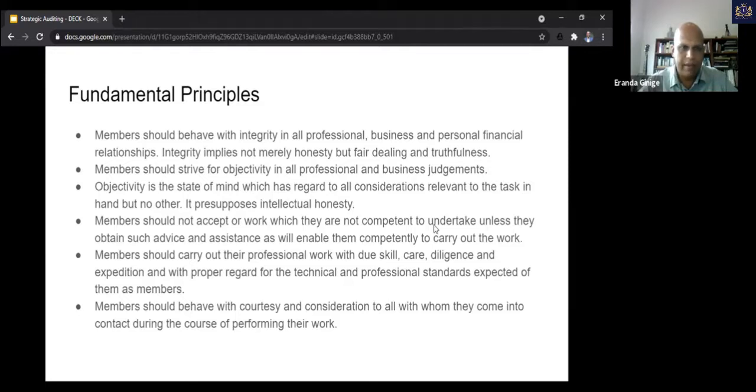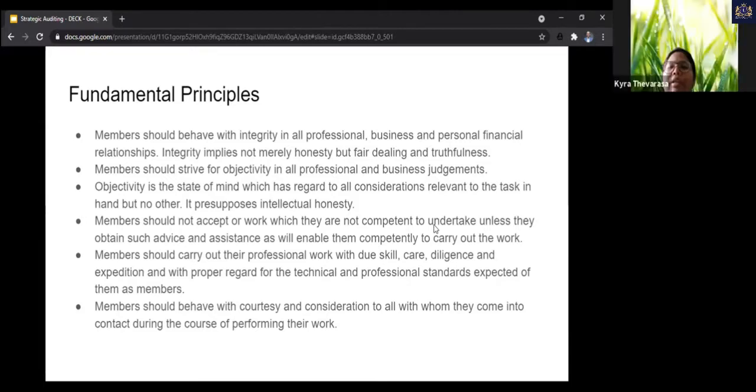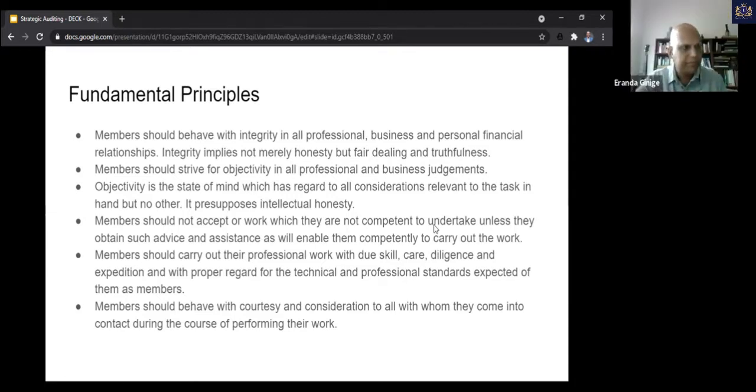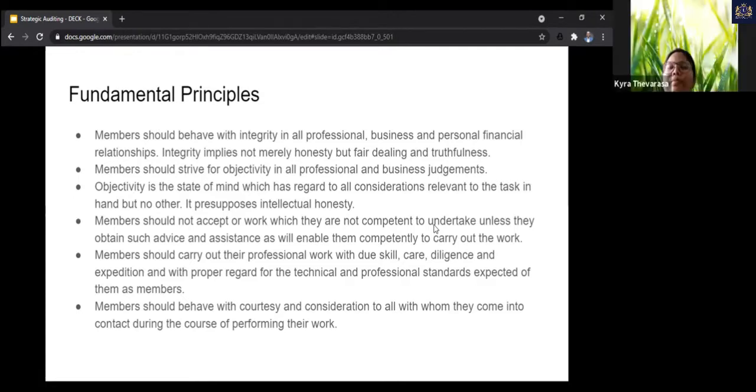Intellectual honesty. And members should not accept work which they are not competent to do unless they obtain such advice and assistance from somebody who has it. Okay. So if you are not really competent in auditing something, then you should not do it, right?